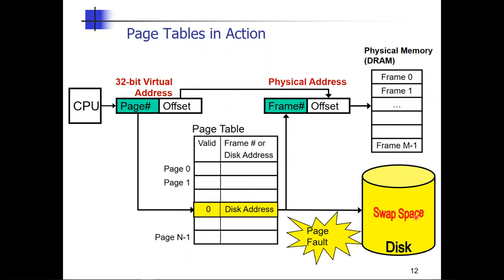Now we need this swap space so that when we remove or relocate that frame, we have a place to have a copy. In fact, that swap space has a copy of all the pages, whether those pages are present in the RAM or not. So for example, in the case of this valid bit being 0, it is not going to be present in the physical RAM, and that page was on the hard disk.